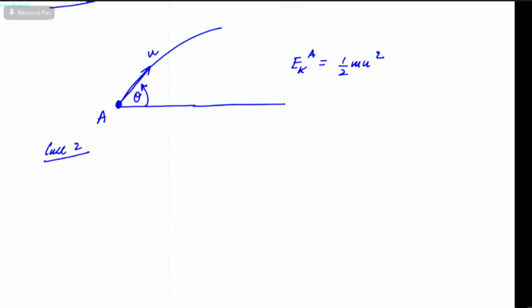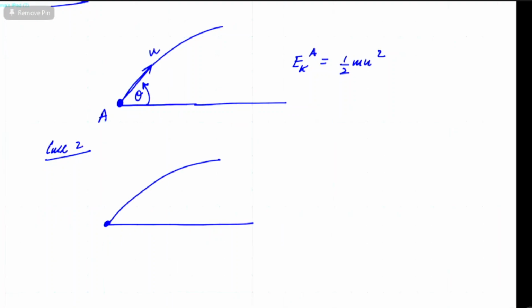Now what I'm going to do, case 2. I'm going to resolve it. Resolving means you replace u by the vertical and the horizontal. This is going to be u cos theta. This is going to be u sin theta. Makes sense? Then this is A again, right?